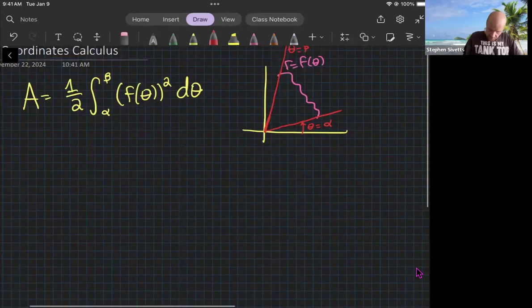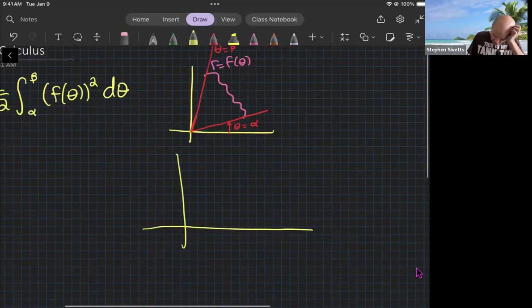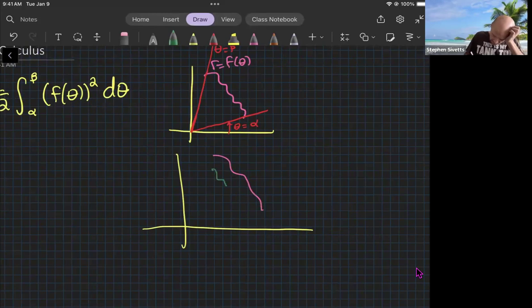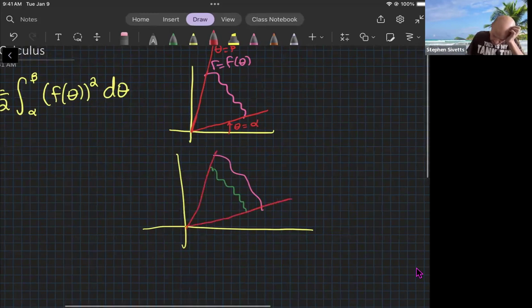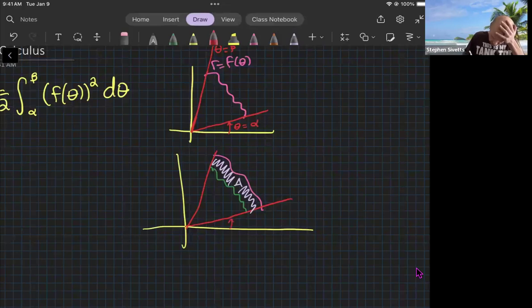Okay. If you have a region that is in between two polar curves, so something like this, and let's say something like that, right? And you want to compute the area of this region right here, right? That region, alpha, and this is beta, okay?